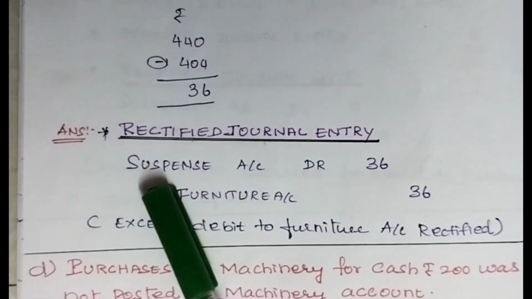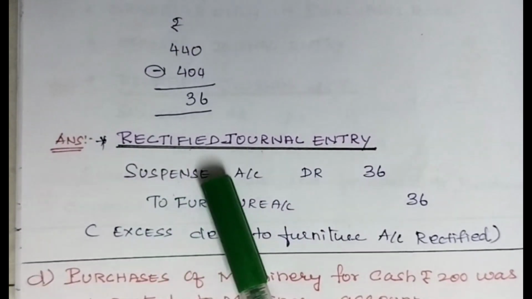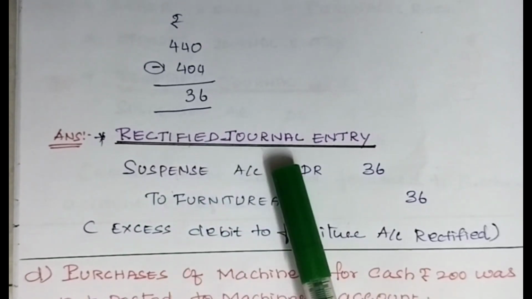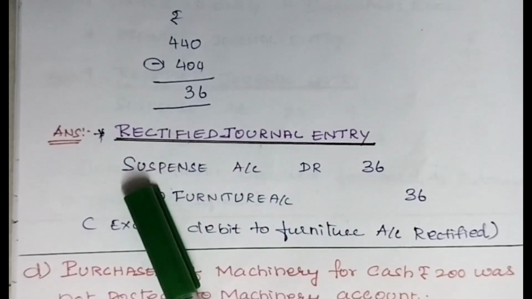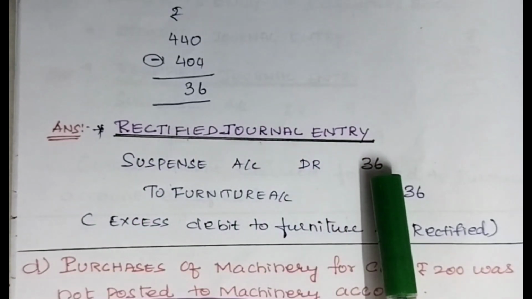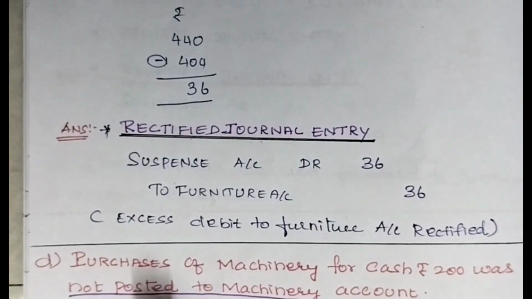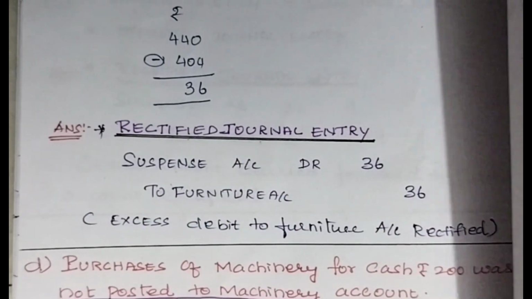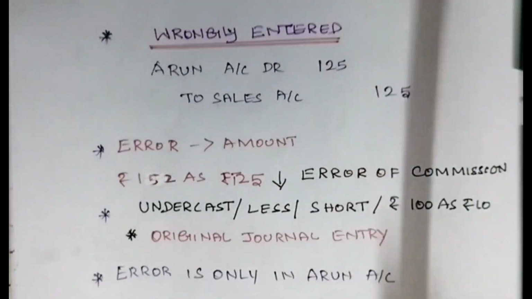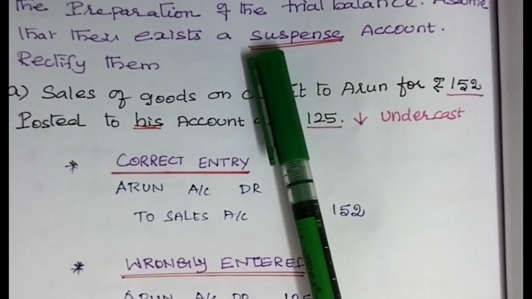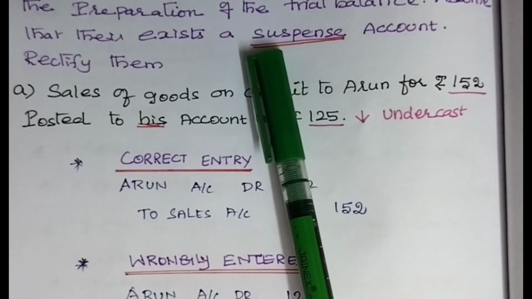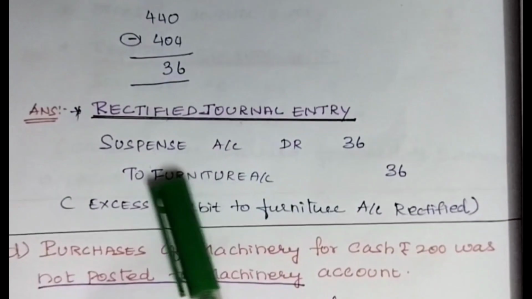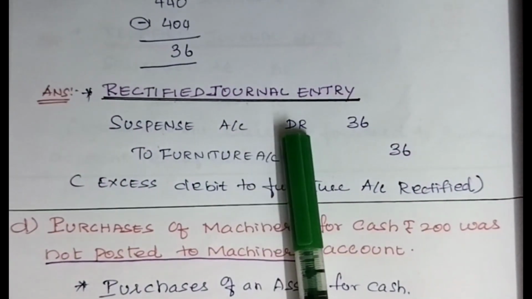In opposite, you have to create the suspense account, on the debit side, for 36 rupees.